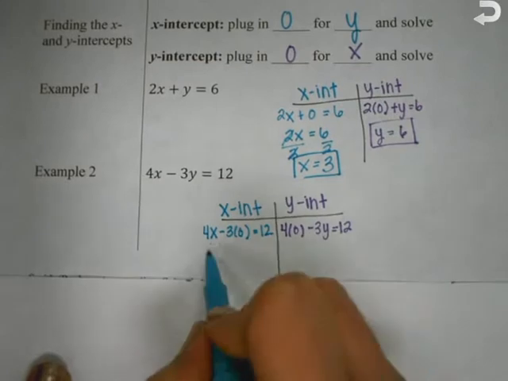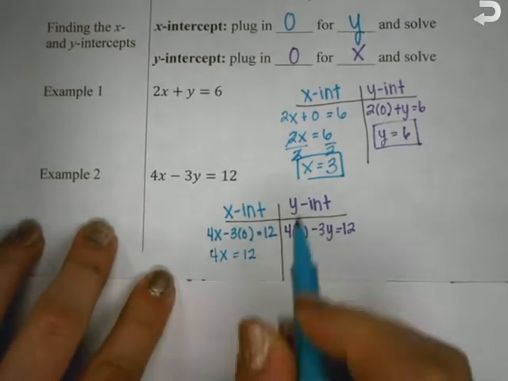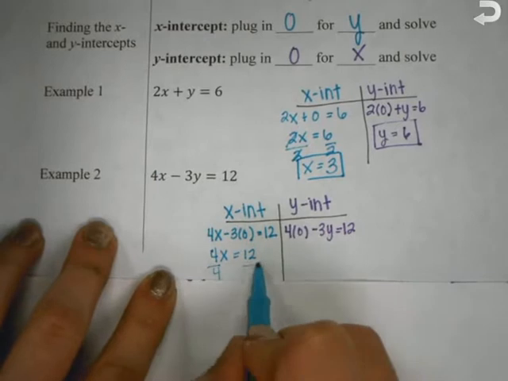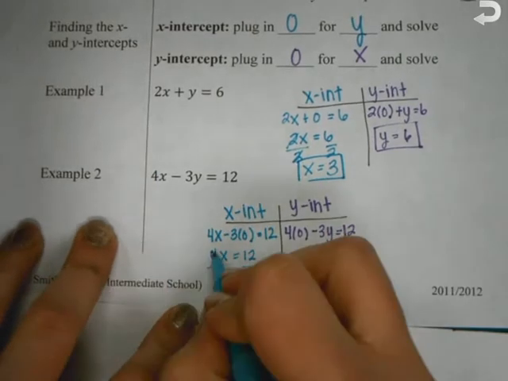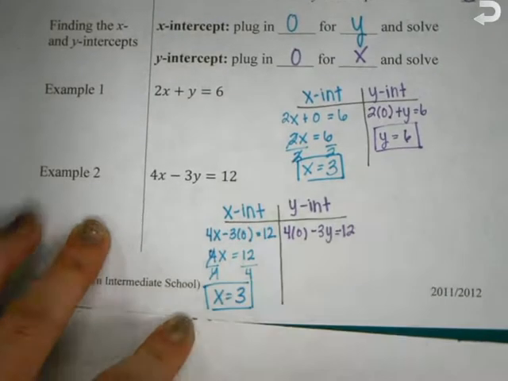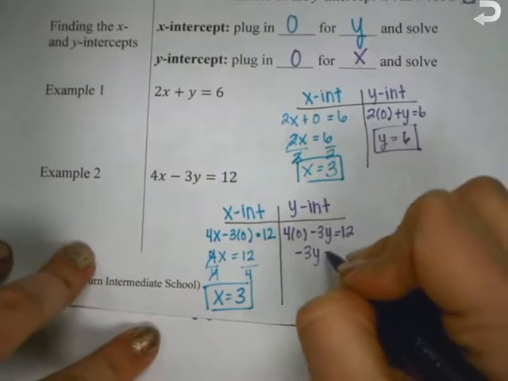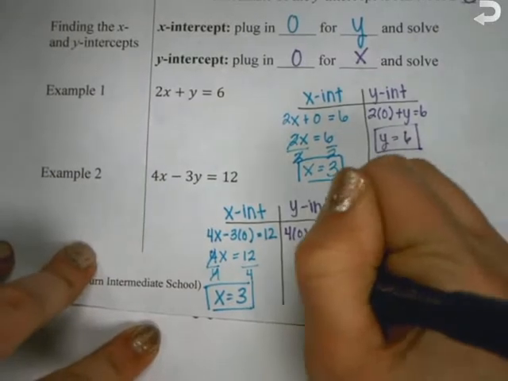Divide by 4. And I got x equals 3. And that's one answer, right? Yes. That's 1 point. Negative 3y equals 12. Divide by negative 3. X equals negative 4. It's not an x, it's a y here. Y, sorry. Y equals negative 4.